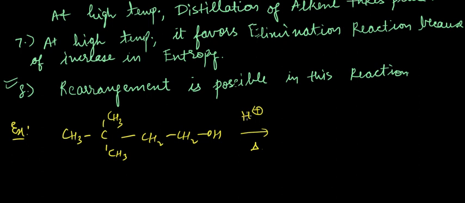So obviously when I write H plus and we heat it, it obviously means that out of all those reagents which I mentioned in the last lecture, we are using one of those reactants, such as H2SO4, H3PO4, Al2O3, KHSO4, and something like those, right? So I'm not explicitly writing those reactants, but that is understood. Okay, so what will happen is we'll get a positive charge at this carbon atom.